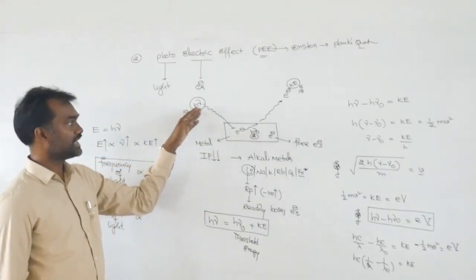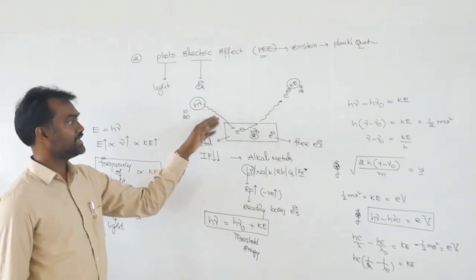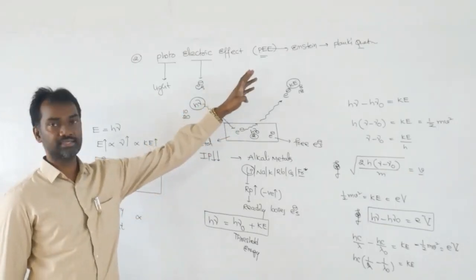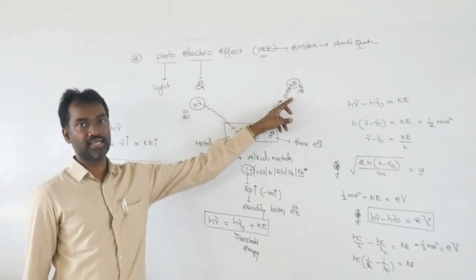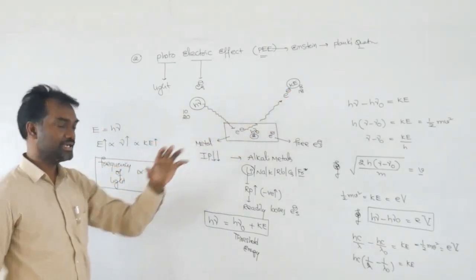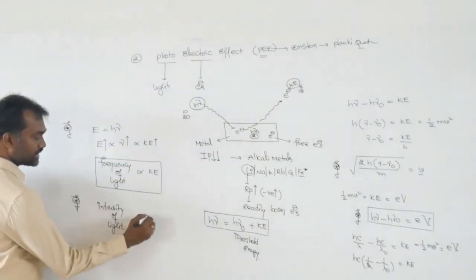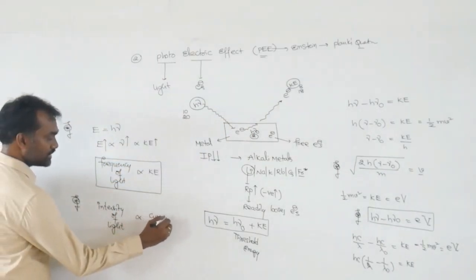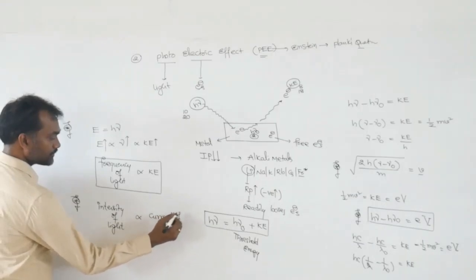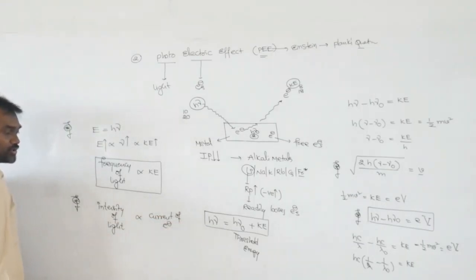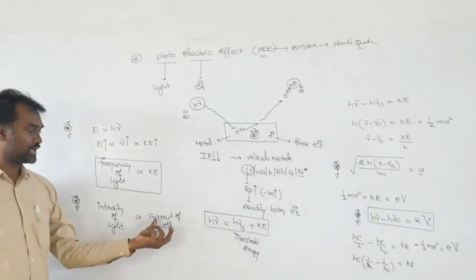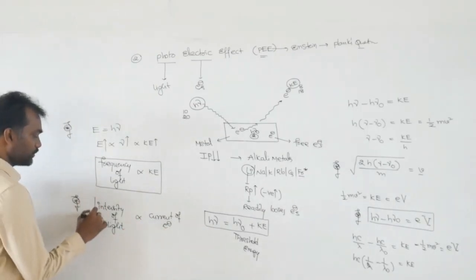Suppose I send 10 light rays; 10 electrons come outside. So the number of ejecting electrons increases, which means current increases. Intensity of light increases means current of electrons increases, or simply, current increases. So these two are the important points.